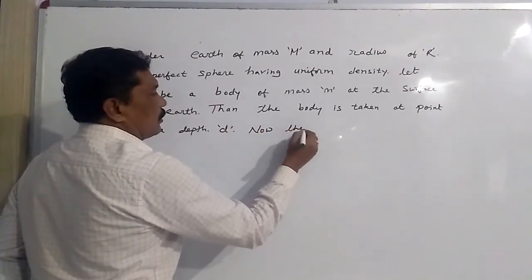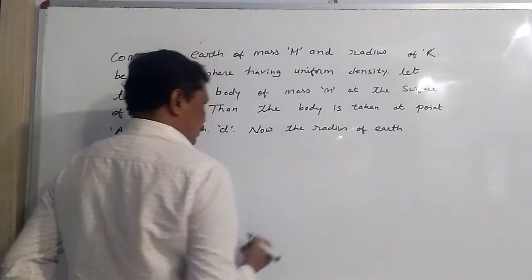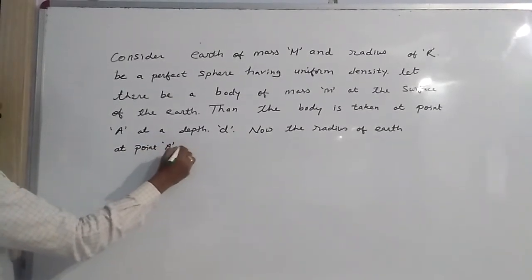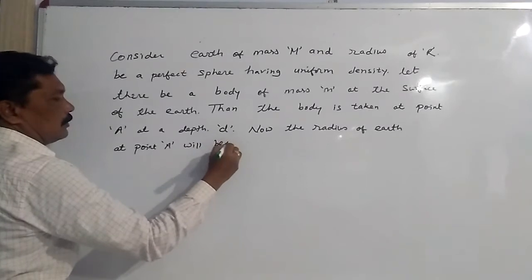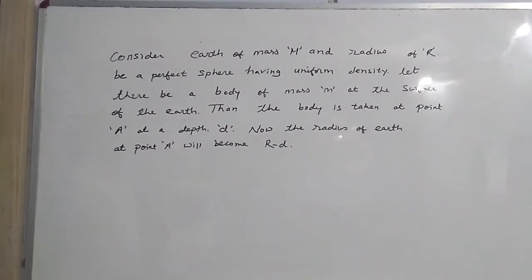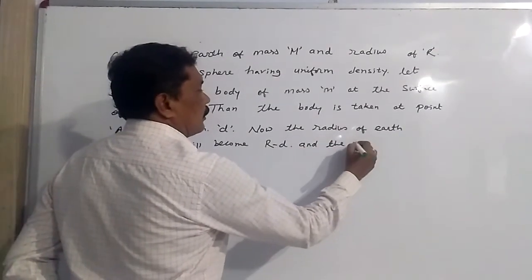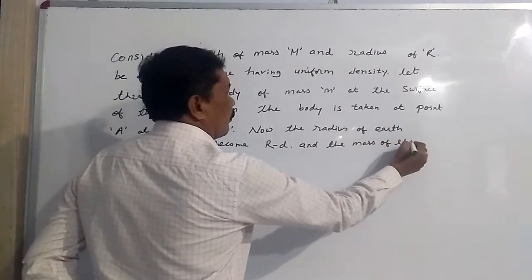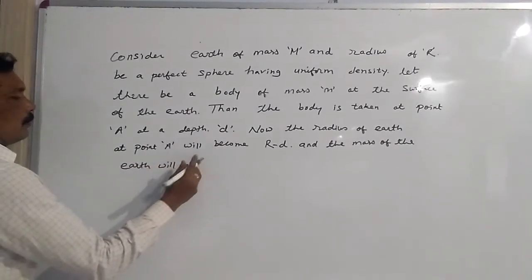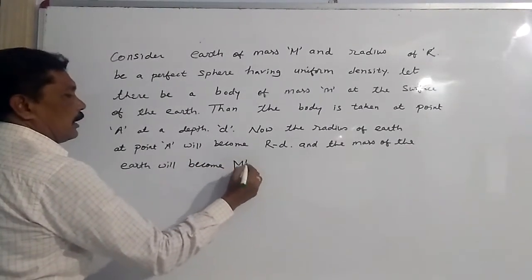Now the radius of earth at point A will become R minus d, and the mass of the earth will become M dash.